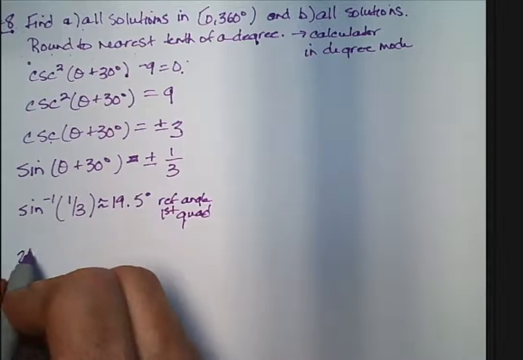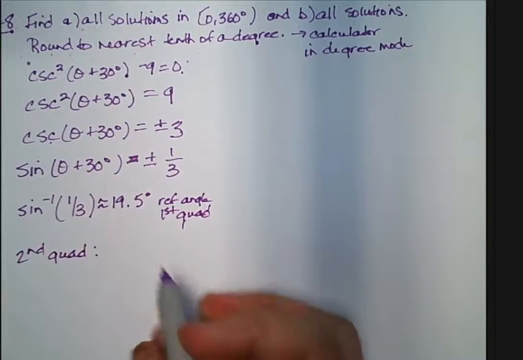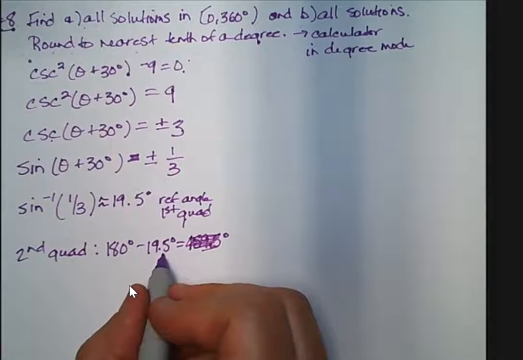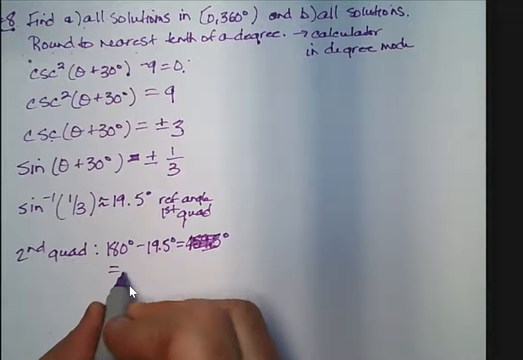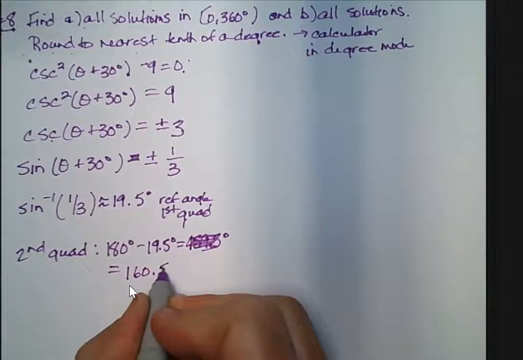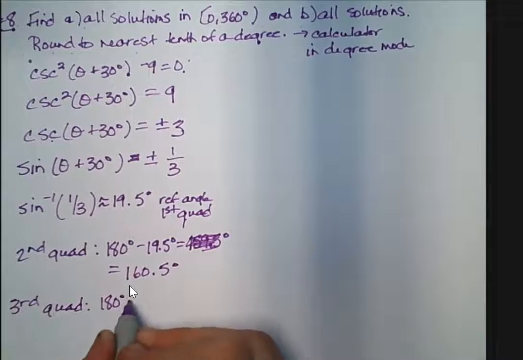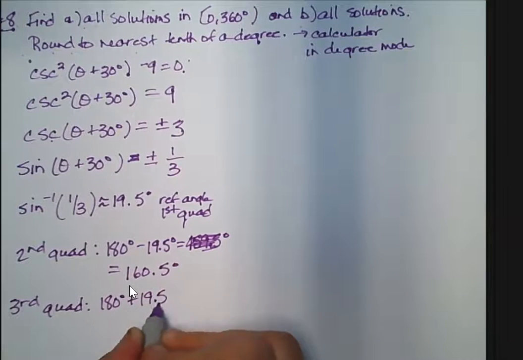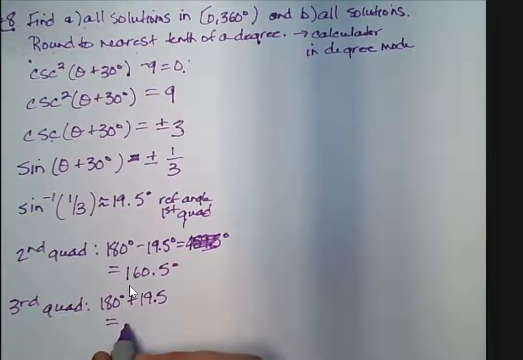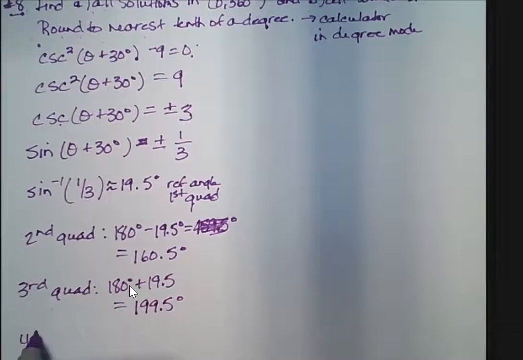For the second quadrant angle, if I take 180 minus 19.5, that's going to give me 160.5 degrees. In the third quadrant, I'm taking 180 plus 19.5, which is going to give me 199.5. For the fourth quadrant, I'm taking 360 minus 19.5.